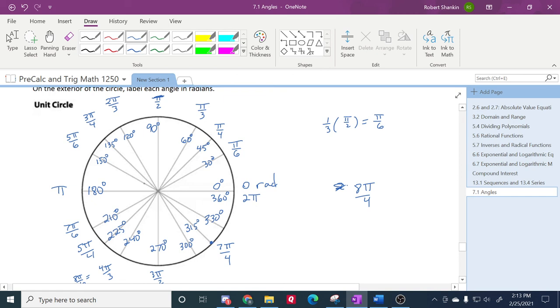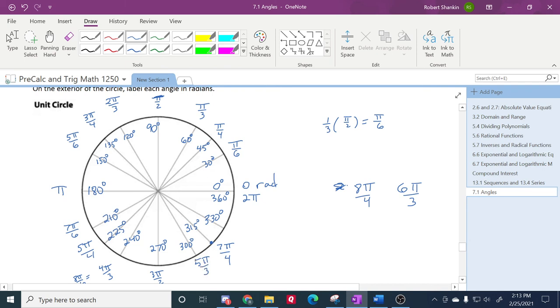And think of this was pi over 3 up, and this is going to be 6 pi over 3, which is the same as 2 pi, but come back 1 pi over 3, so this is 5 pi over 3.